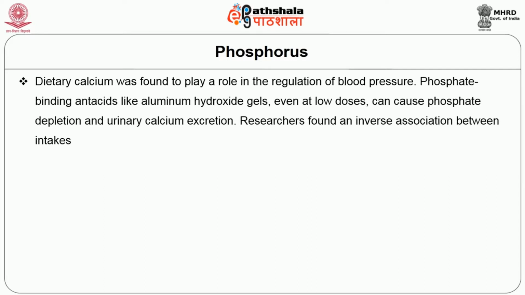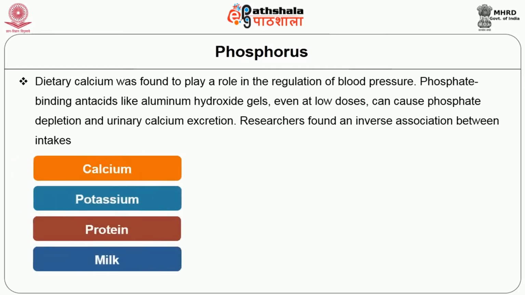Phosphate binding antacids like aluminum hydroxide gels, even at low doses, can cause phosphate depletion and urinary calcium excretion. Researchers found an inverse association between intakes of calcium, potassium, protein and milk.